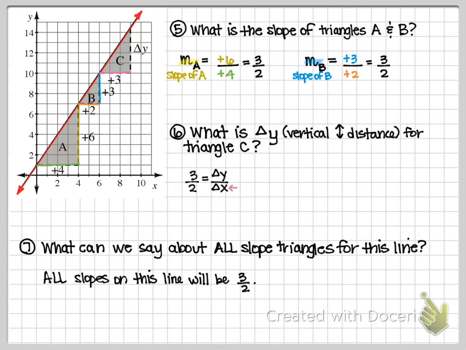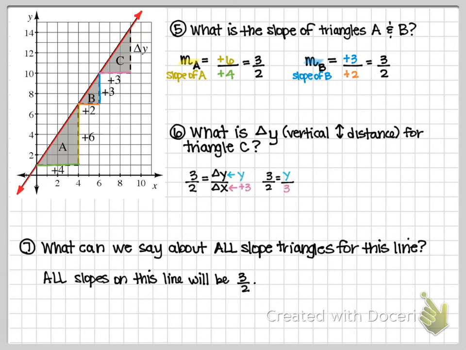I have no idea what the y is, but I don't want to have a whole bunch of notation, so I'm just going to turn it into y for now. We'll come back and put the little triangle in front of it. And I'm going to rewrite that equation. So I'll do 3 over 2 is equal to y over 3.